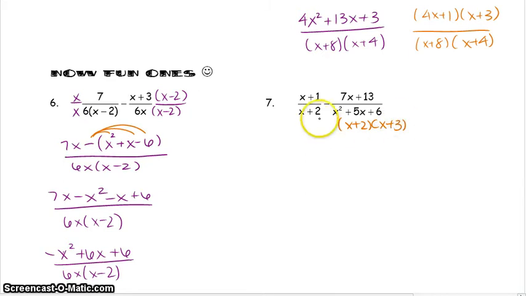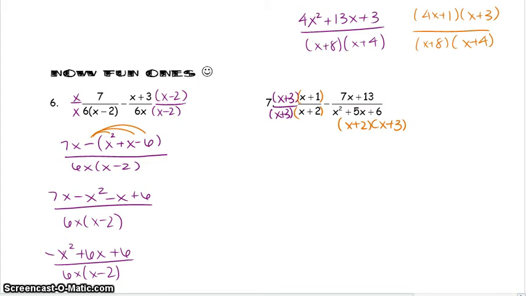So then looking at our first factor here, we have to see, what are we missing? We're missing our x plus 3, so we have to multiply the denominator and the numerator by x plus 3. And because this is also a factor, make sure you put parentheses around our fraction here, the top and bottom, just so you remember to FOIL.